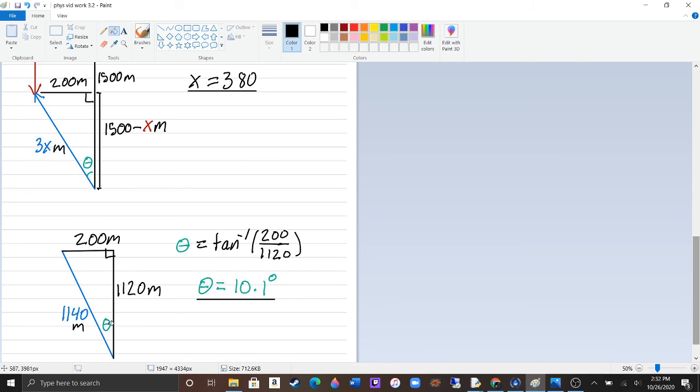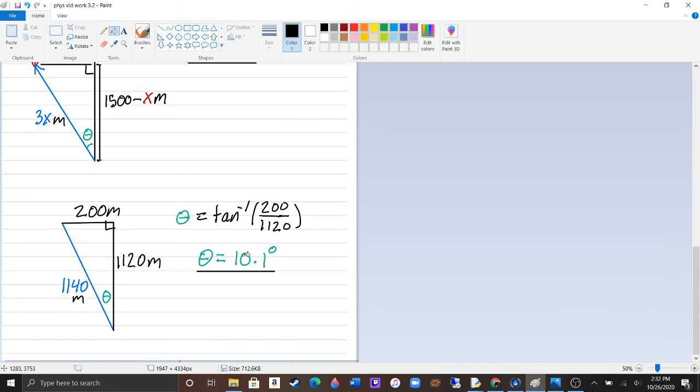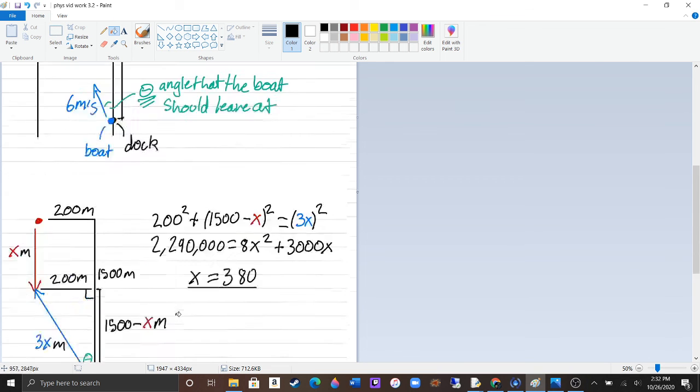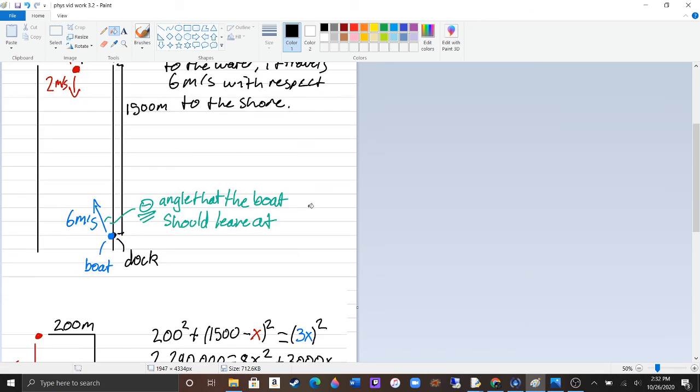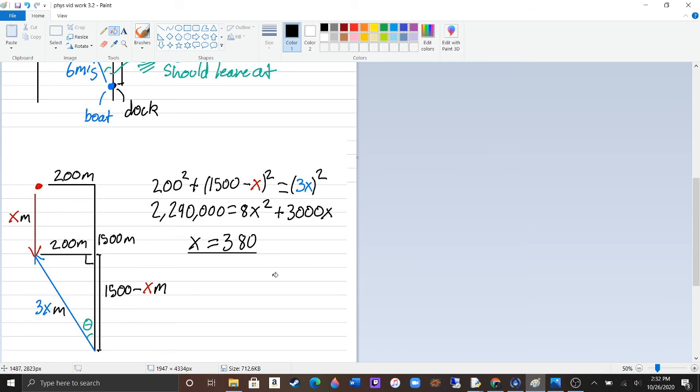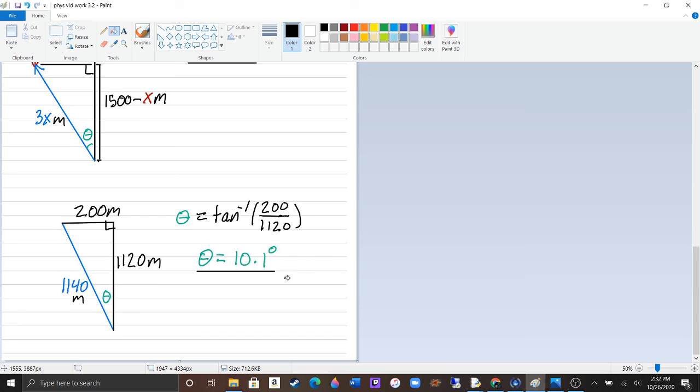So this theta, the angle, will equal the inverse tangent of 200 over 1,120, because that is, for this angle, opposite over adjacent. So that'll come out to 10.1 degrees. So the boat needs to leave at an angle of 10.1 degrees to go directly towards the child. So that is how you do this problem, and thank you.